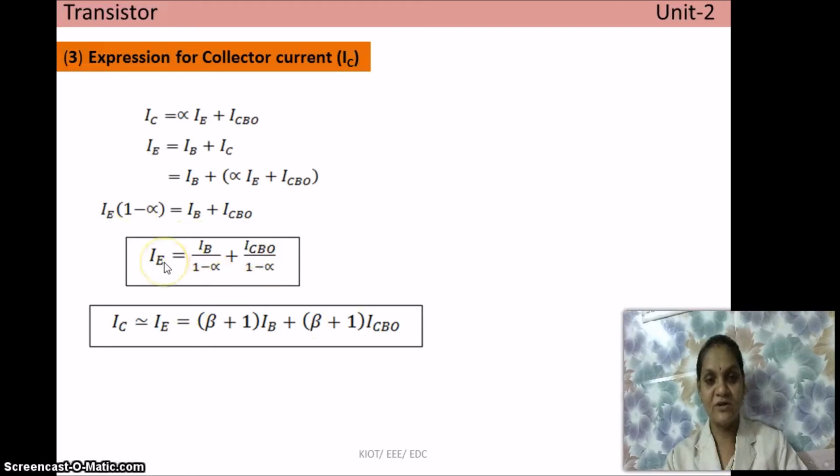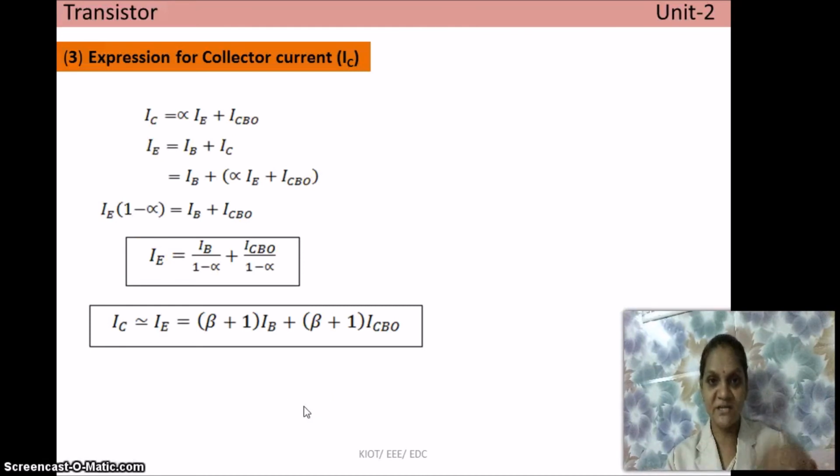What we are deriving here is the emitter current, and since collector current is approximately equivalent to emitter current, whatever expression for emitter current we have derived holds for collector current also. Why are we doing this here? Because this is common collector.